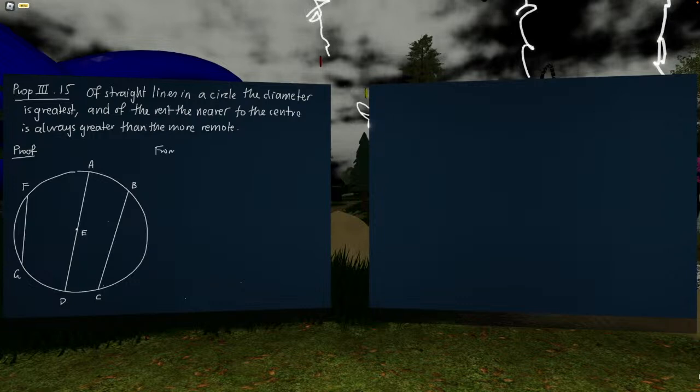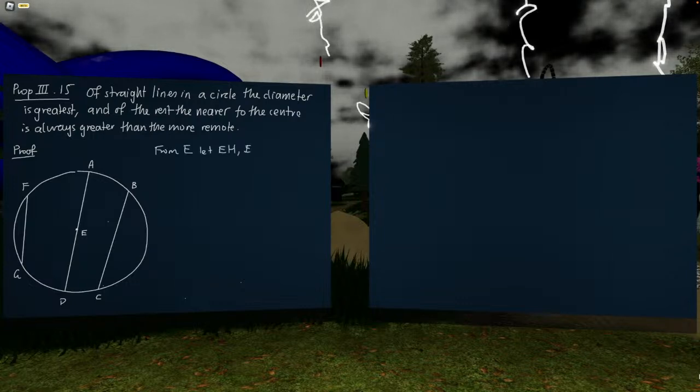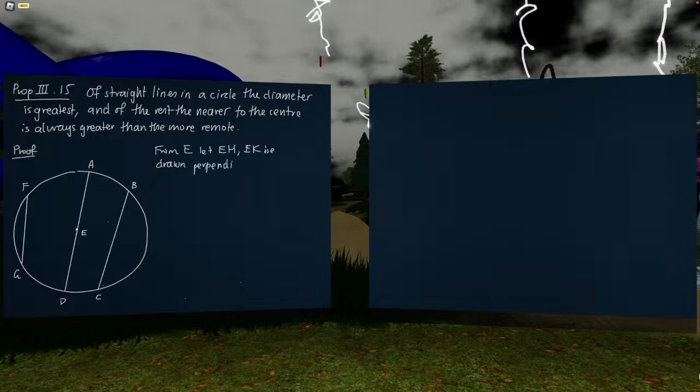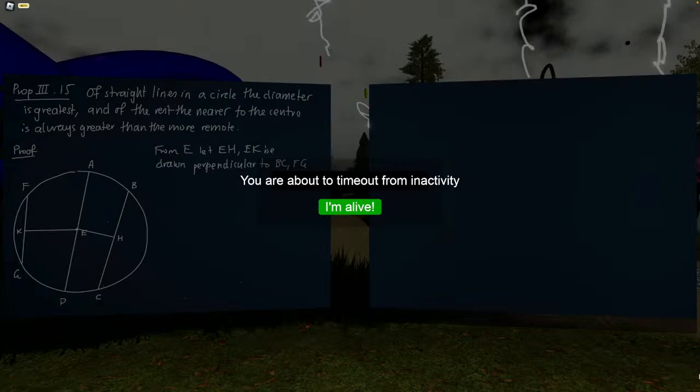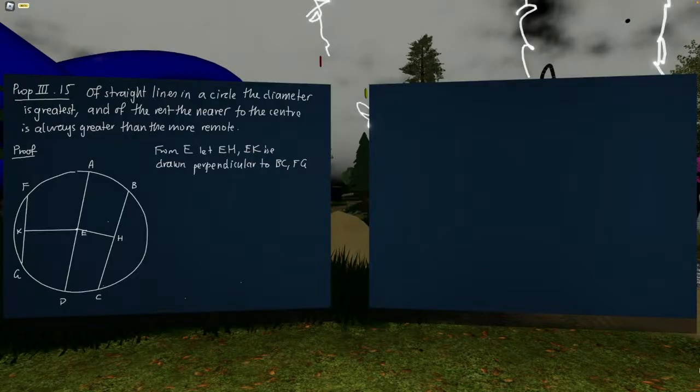Okay, so from E, let EH and EK be drawn perpendicular to BC and FG, as indicated.